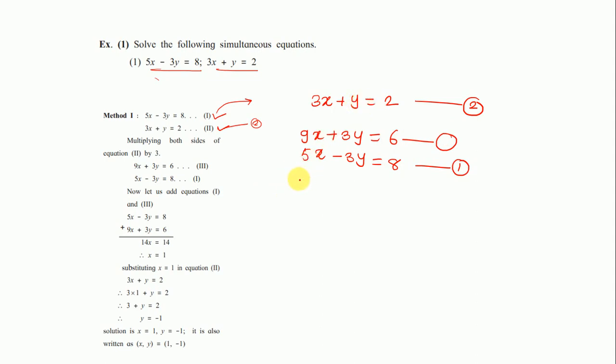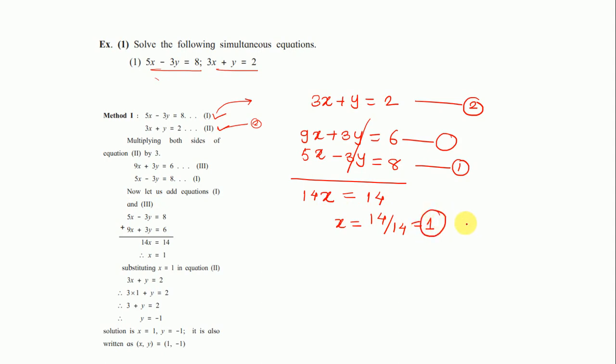What we have to do now is just add these equations. 9x plus 5x is 14x, plus 3y minus 3y gets cancelled, 0y, equal to 6 plus 8, that is 14. So 14x is equal to 14, and we can find the value of x, 14 upon 14. The value of x we got is 1.